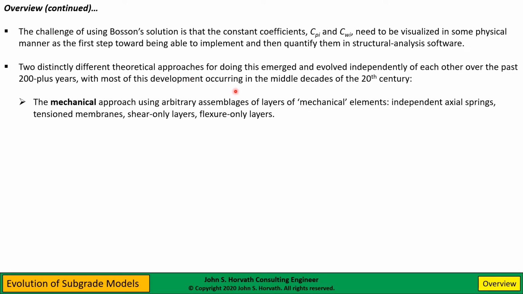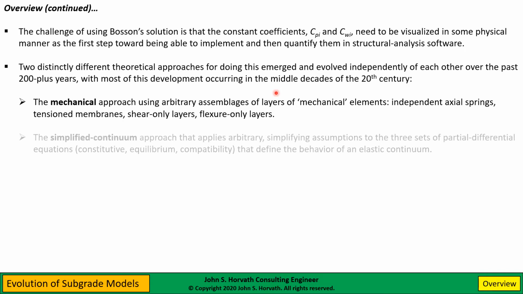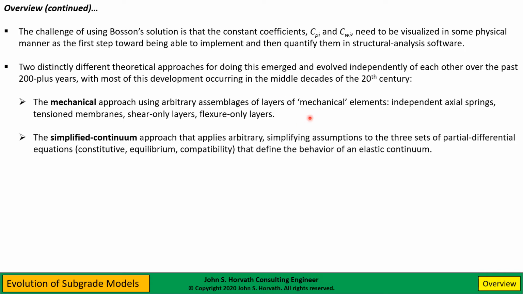The first is what I call the mechanical approach, and this is really the older of the two, that uses assemblages of what I call mechanical elements. And these are independent axial springs, tension membranes, shear-only layers, and flexure-only layers, stacked one above the other. And then there is what I call the simplified continuum approach.